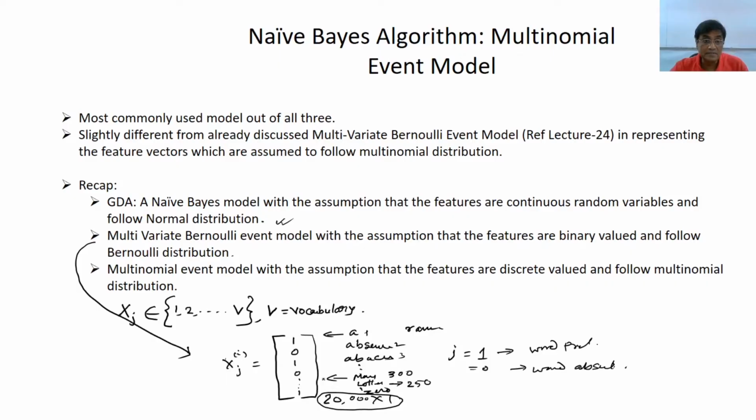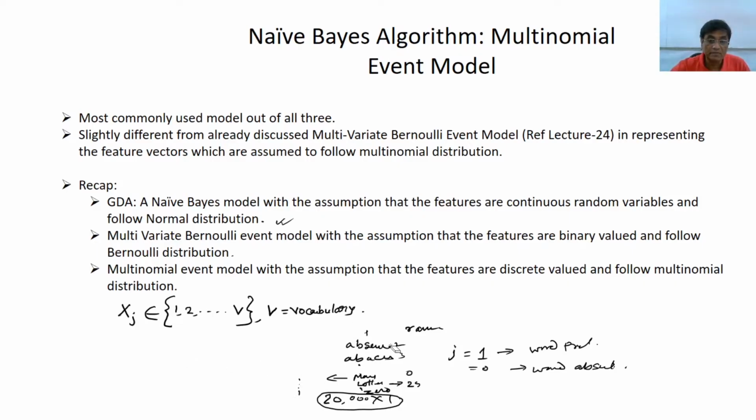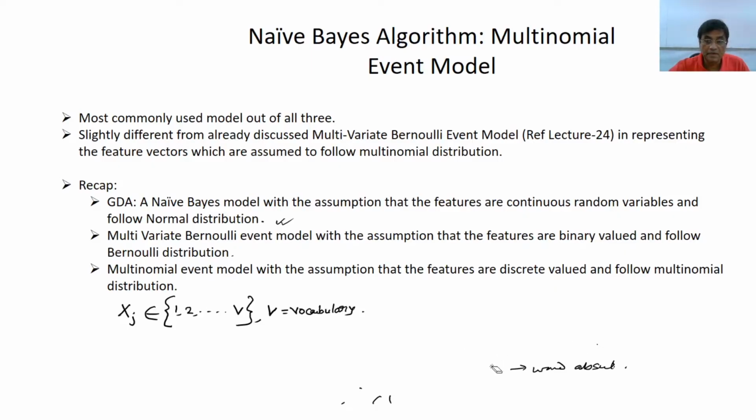But the disadvantage is this. So the multinomial event model tries to remove this disadvantage. Here the representation of the feature is different, and the assumption is that the features follow a multinomial distribution. Say this is my vocabulary of 20,000 words.